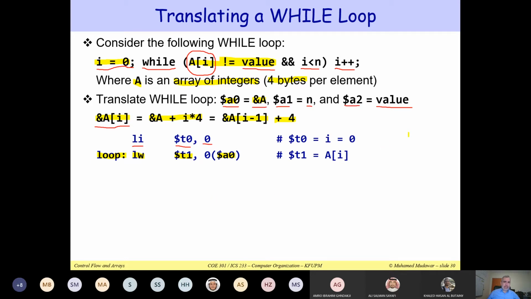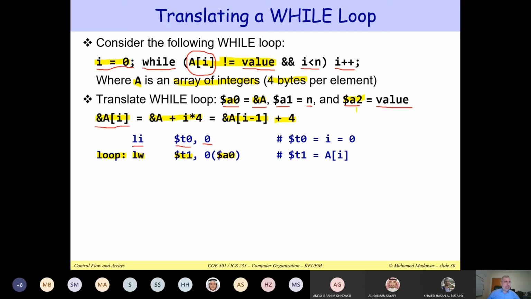How do I compare it against value? Branch if equal. I can use a branch instruction to terminate this loop if it is equal, because it says if it is not equal, continue looping. So if it is equal to value, I can use a branch if equal on T1 and A2.